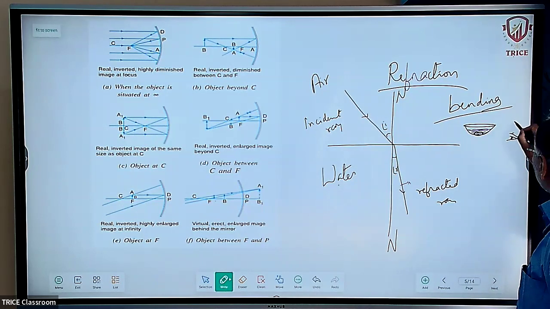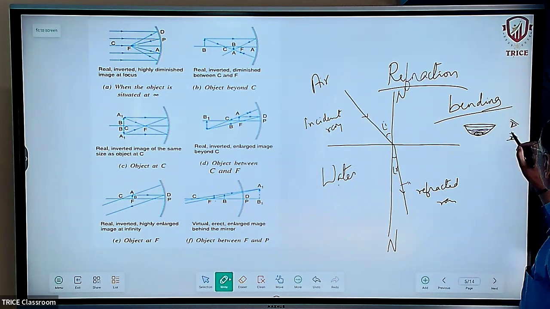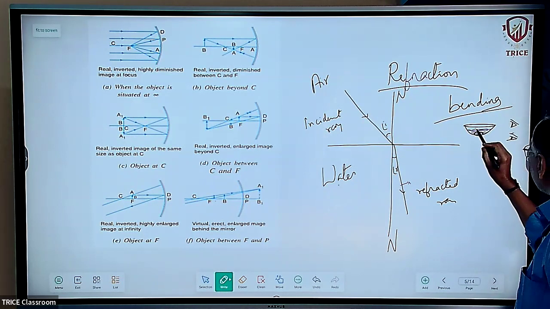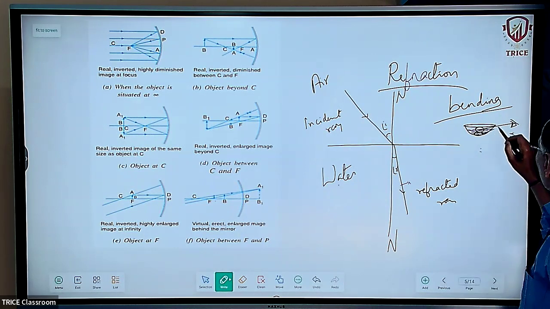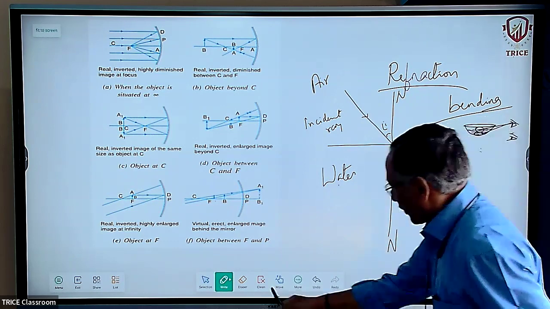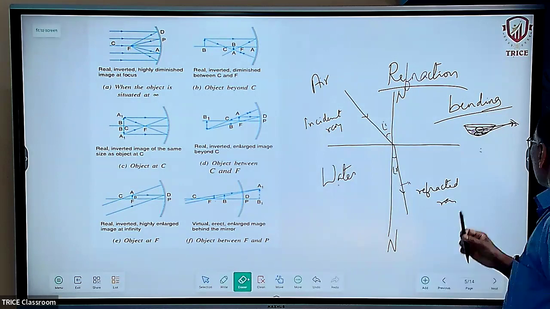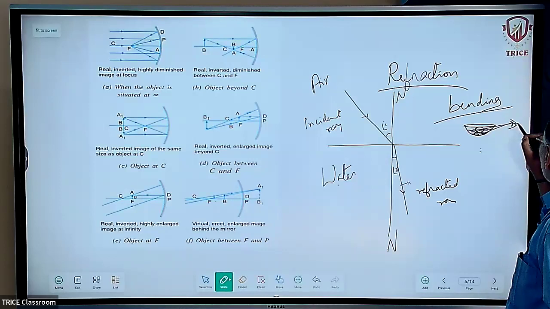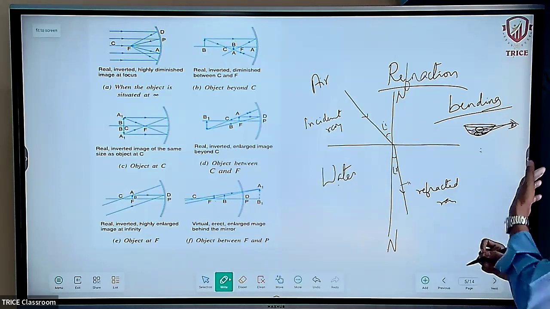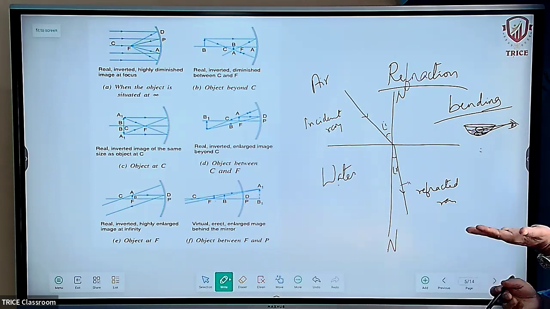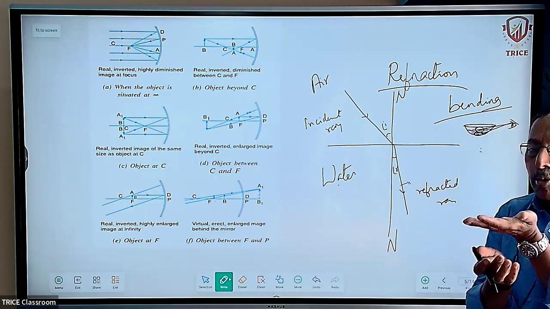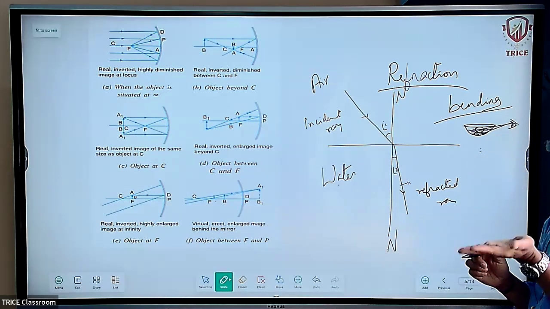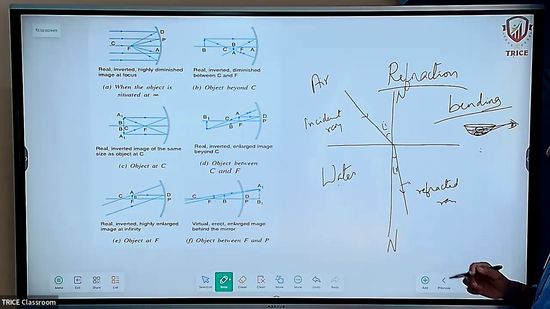If you observe it from here, the coin appears to be raised. Actually, it is at the base of the bowl. But if you observe it from the top, the coin appears to be raised. This is because of deviation from its original path.